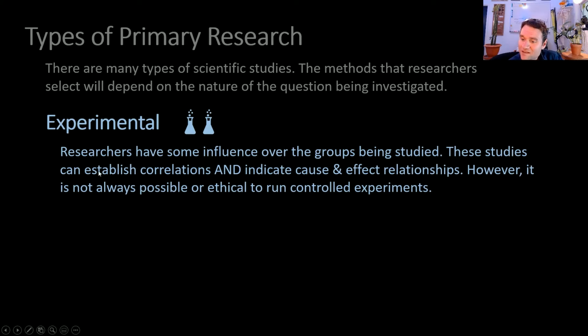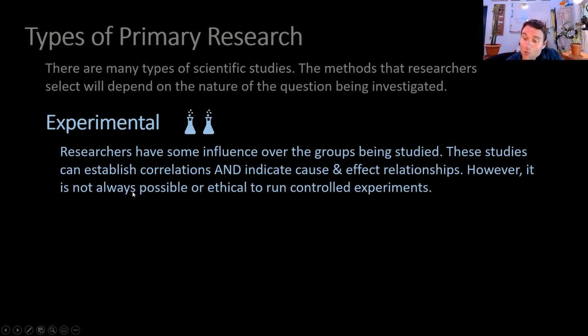These studies can establish correlations, we'll talk about that in a bit, and indicate cause and effect relationships, and only experimental studies can do that. As a matter of fact, only randomized controlled studies, experimental studies, can do that kind of thing.